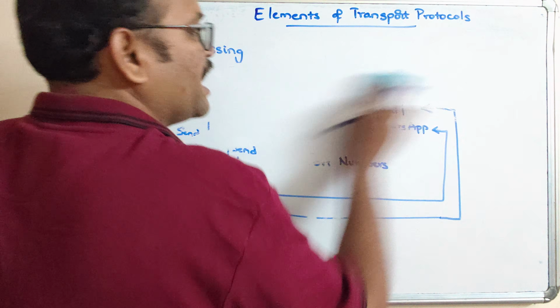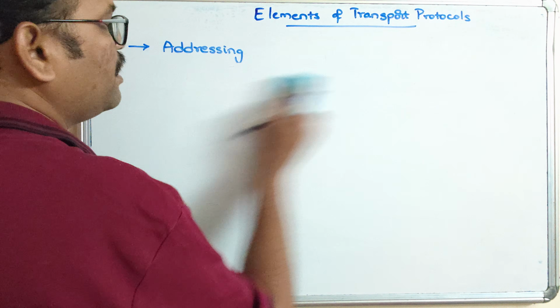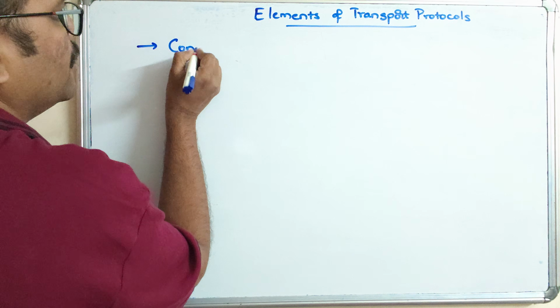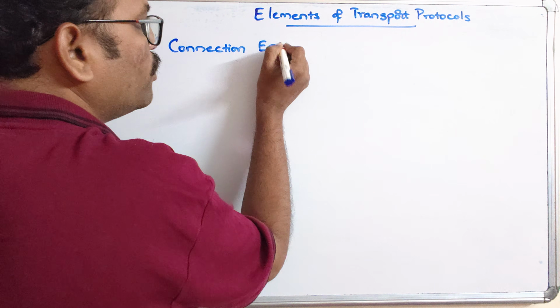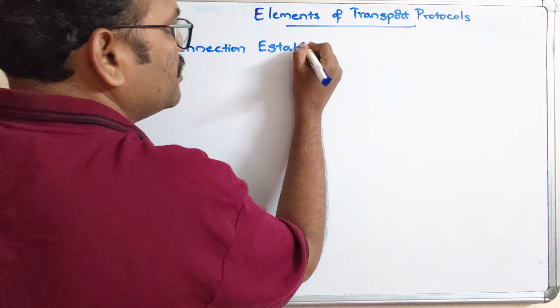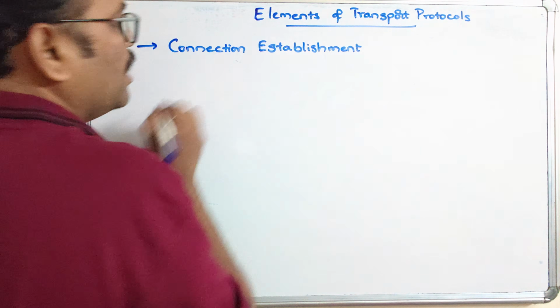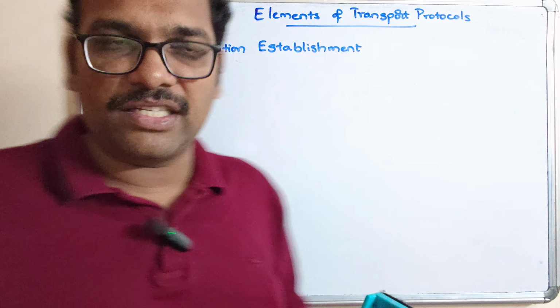Next, the second one is connection establishment. We have seen different primitives, right? Before sharing the data, first the connection should be established. After connection establishment, only then will the data be shared between two different systems.